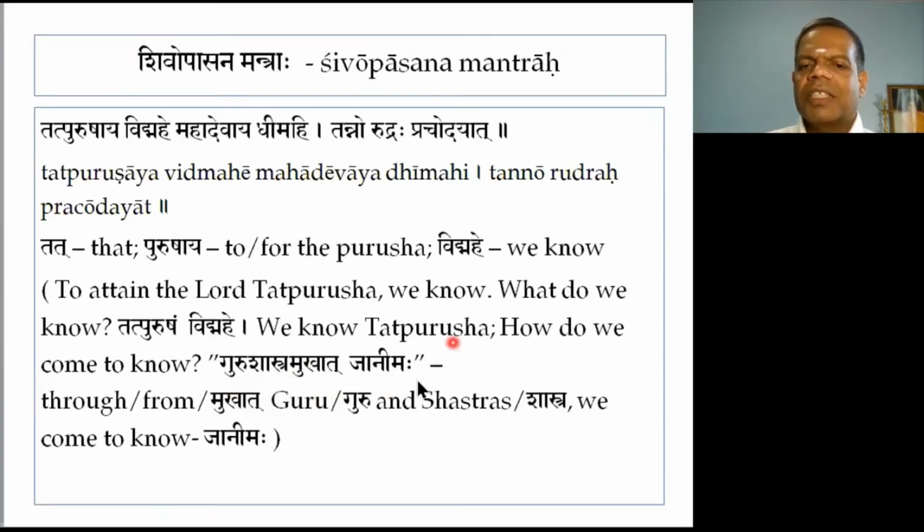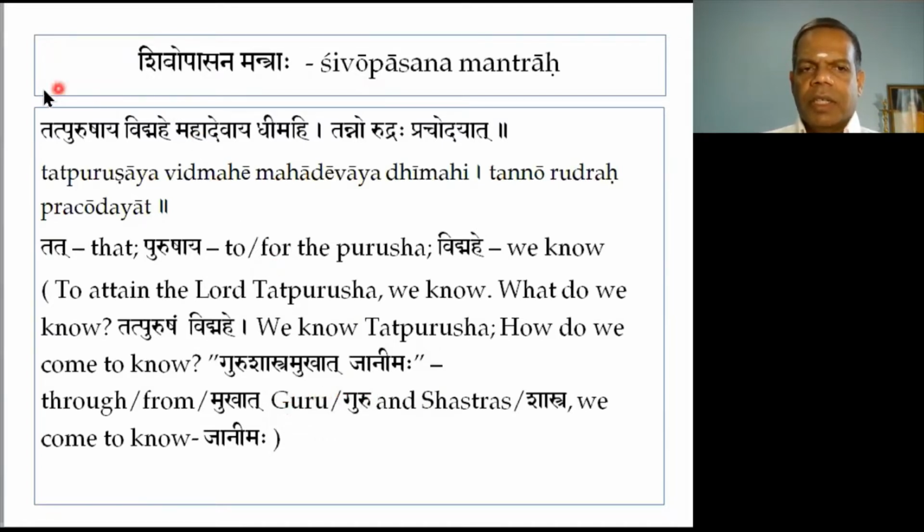Shastra means the Shastras, which are the Vedas, Upanishads, and whatever is considered scripture. Mukhat means through them. Mukha means face, which also means an entry point. So through Guru and Shastra, Janimah, another word for Vidmahe, we come to know. We become knowledgeable.